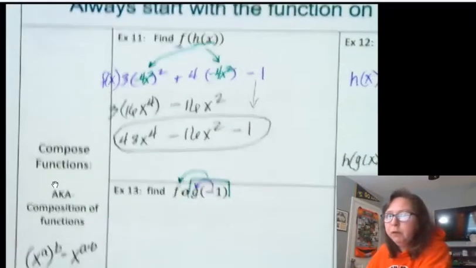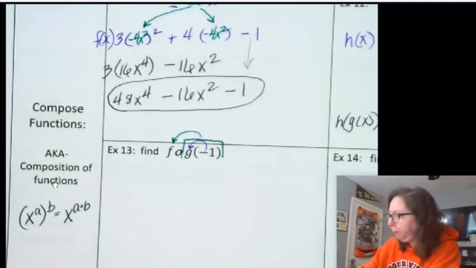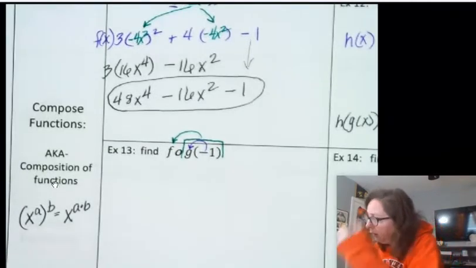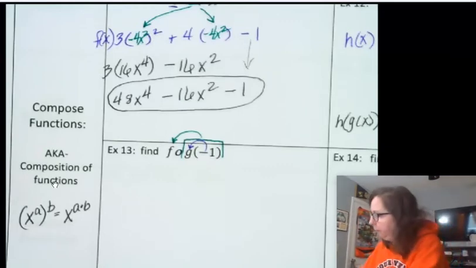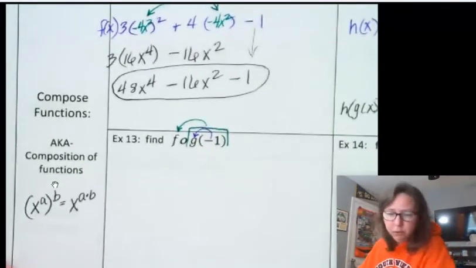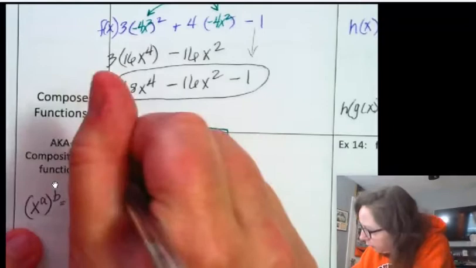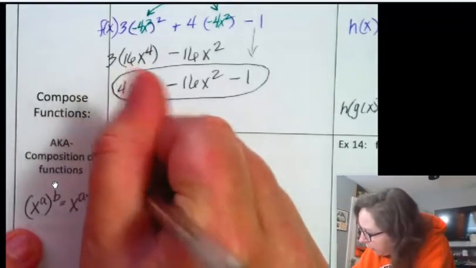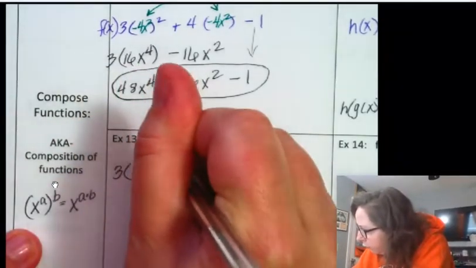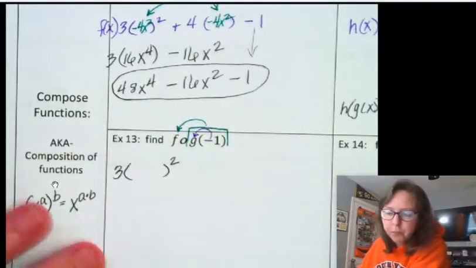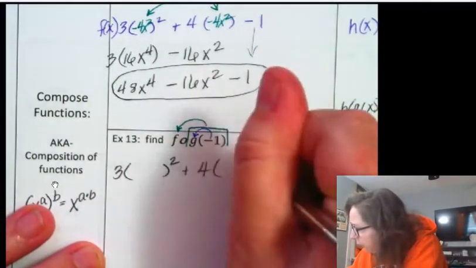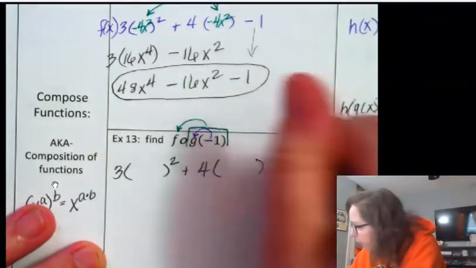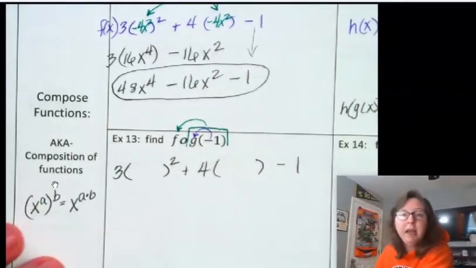Okay, so let's see how this is going to look. I'm going to go ahead and write out the f function, which was what? 3x squared plus 4x minus 1. So that's the f function.